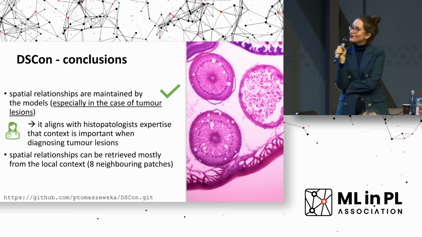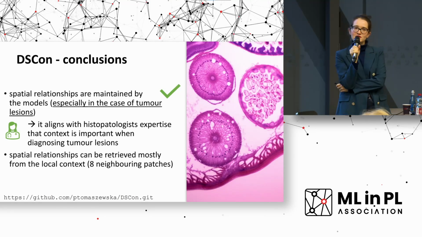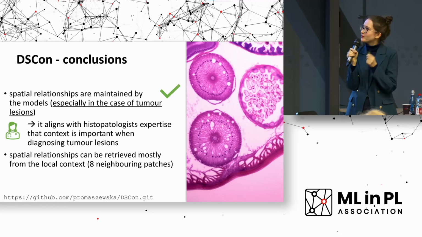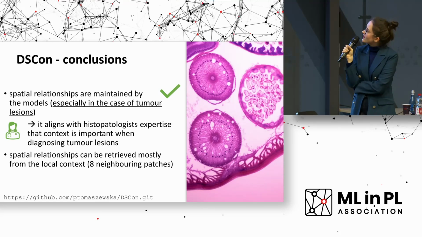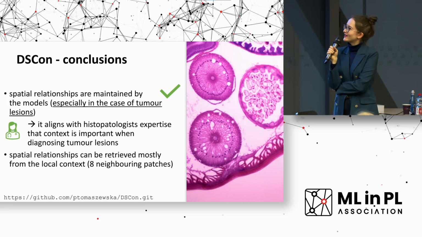Why? Because they're also huge when it comes to resolution. And secondly, they also have sparse labels, so we have one label per whole big image. This is why this method potentially could also be applied there. So it's an interesting fact for the end, and this is all.